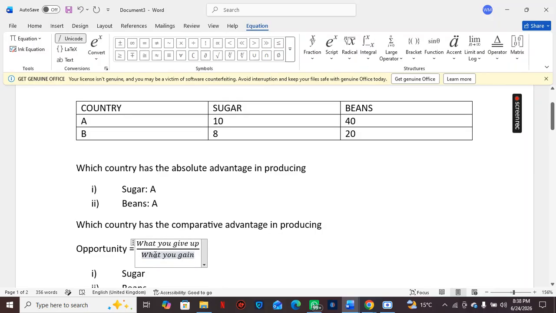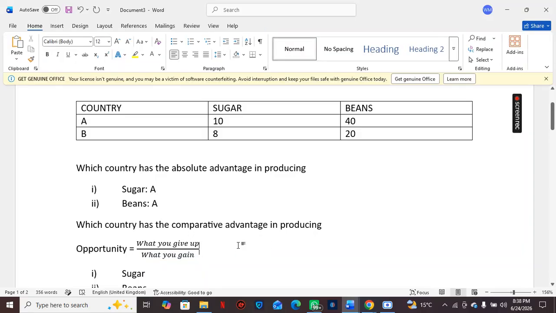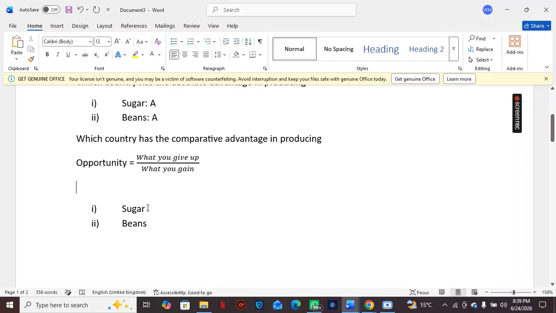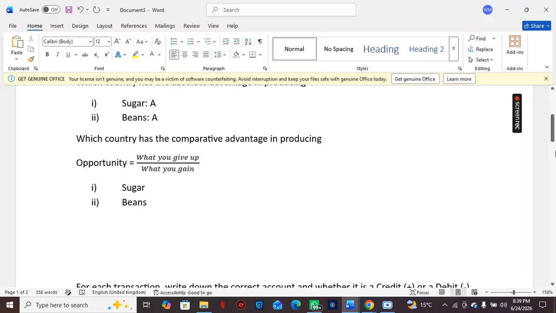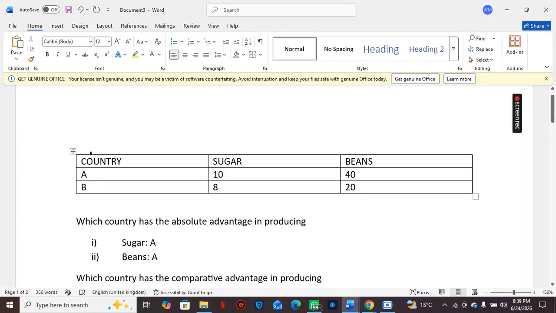Right. So we're going to look at which country has a comparative advantage in producing sugar. First we look at country A. Let me bring the table here.